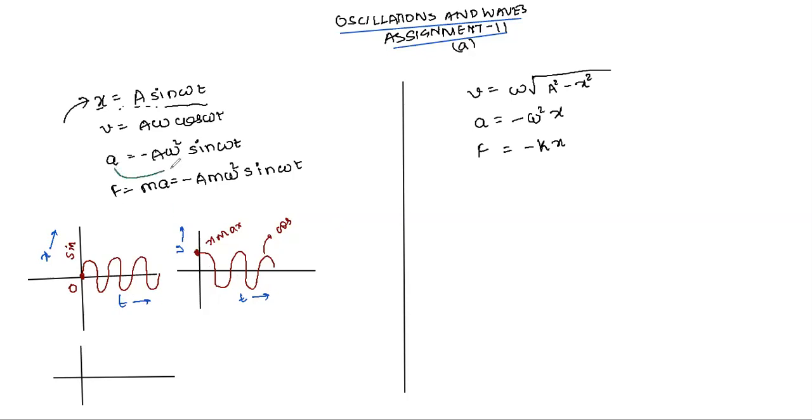Class, have a look here. The graph between acceleration and time is a negative sine graph. So all you need to do is just inverse or reverse this sine graph about the x-axis. This is how your graph will look like.